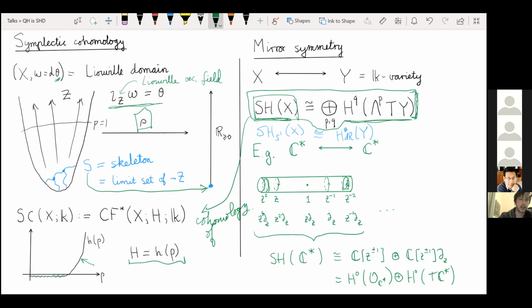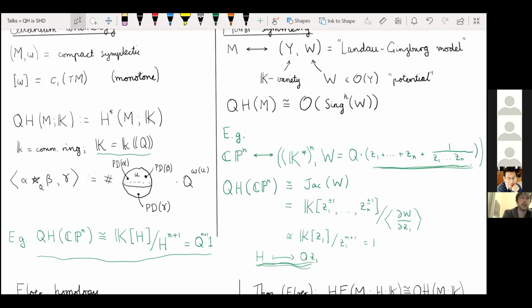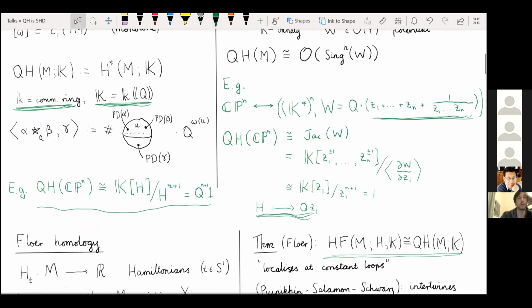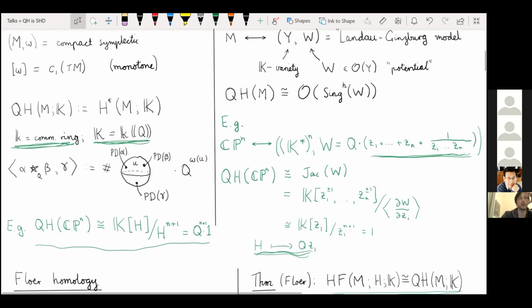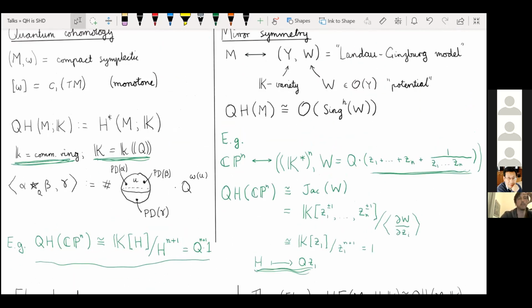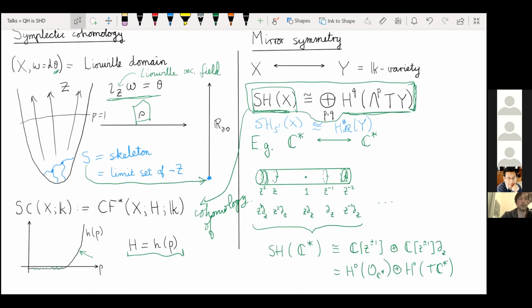So there are two coefficient rings in my talk. There's little k, which is an arbitrary commutative ring, and there's big K, which has an extra parameter Q. It's formal Laurent series in Q with coefficients in this little k. Quantum cohomology has the big coefficient field. Symplectic cohomology has the small one.